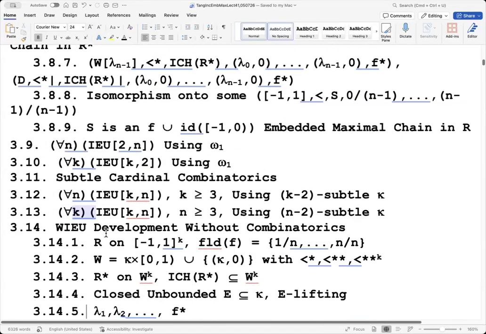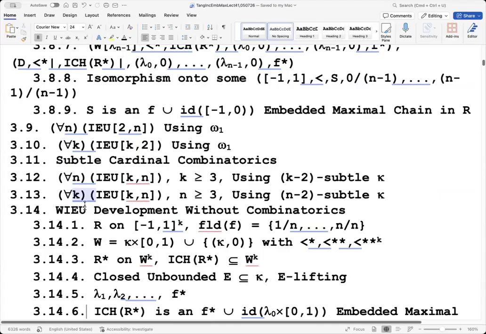And so here are two of the main four, when the dimension is 2 or the field size is 2. And it's the combinatorics of omega 1 that's used. The combinatorics of omega 1 is sufficient. For the other two, we have large cardinal combinatorics has to be plugged in.